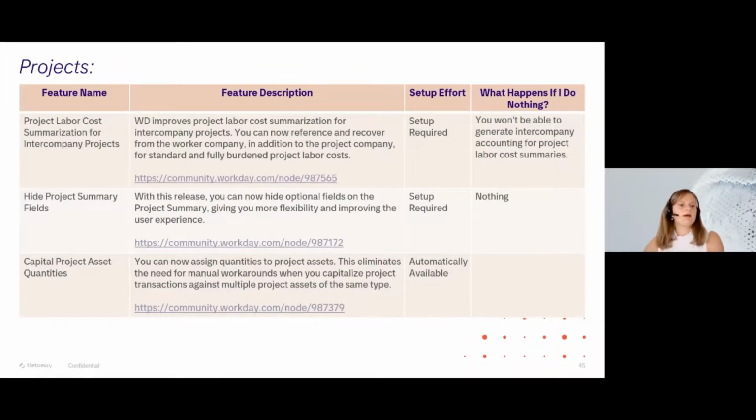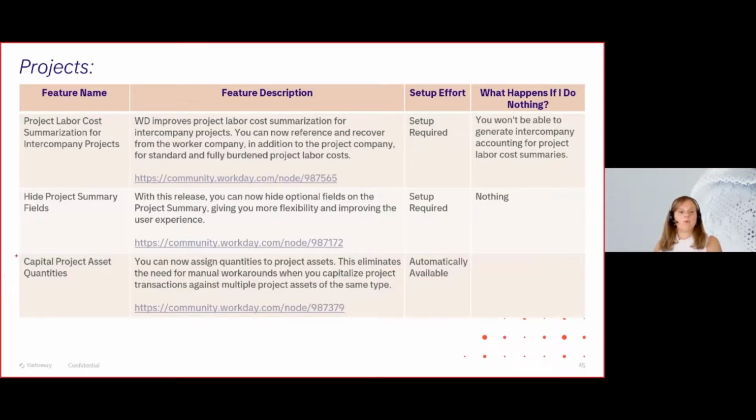Then for projects, there are 3 more features additionally to the project planner improvements. With this release, Workday improves project labor cost summarization for intercompany projects. You can now reference and recover from the worker company, in addition to the project company, for standard and fully burdened project labor costs.